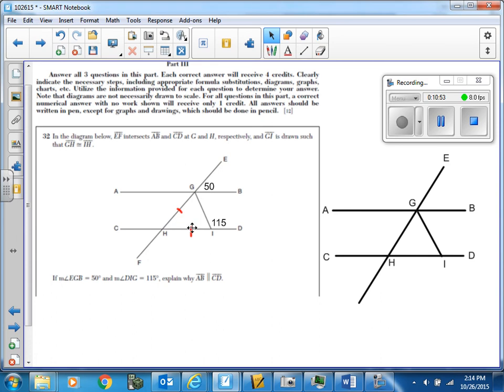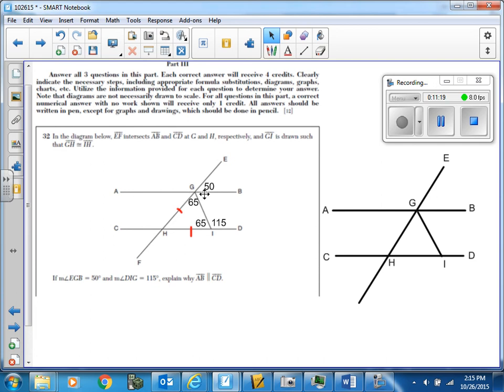And we know that angle HIG and DIG are supplementary, so the sum of them is 180. That means this one must be 65. So this must be 65 degrees. And if these are equal, then up here is also 65.